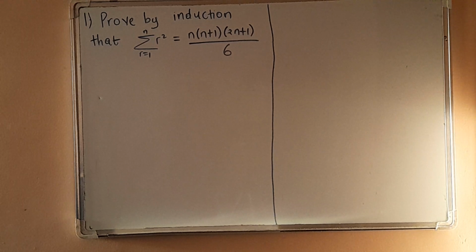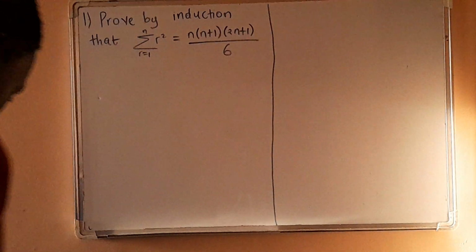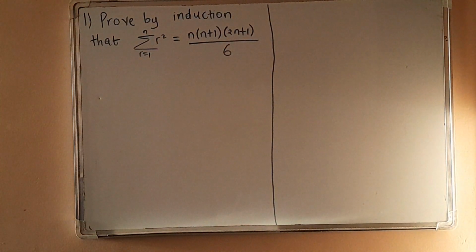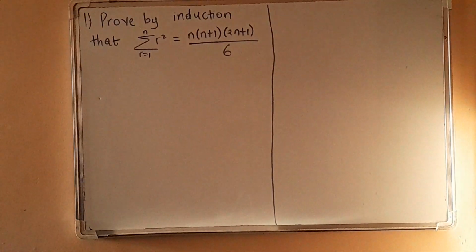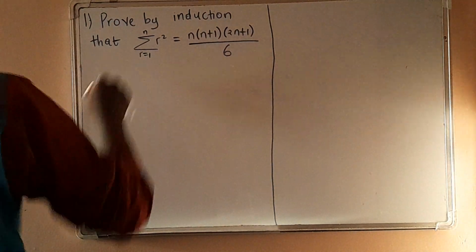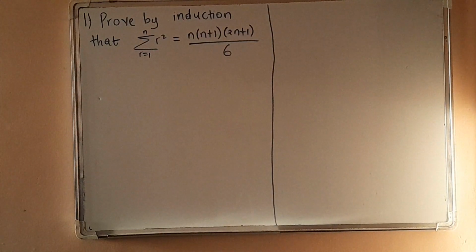This video is suitable for students in senior 5 and senior 6 offering principal mathematics, not subsidiary. Prove by induction that this sum is equal to this. Now, the best way to approach this question is to first expand this sum. We are summing from r equals 1 up to n. So we substitute r equals 1, r equals 2, up to n.